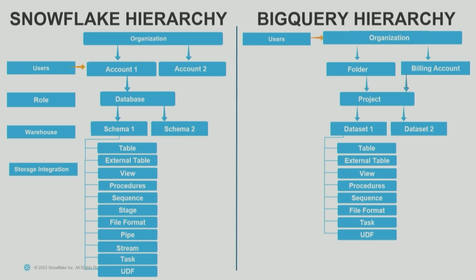If you look here in the Snowflake hierarchy, users are created at the account level. But if you look at the BigQuery hierarchy, users are created at the organization level. So this is where a lot of customers get confused when coming to Snowflake, and this is why I want to cover this topic first.